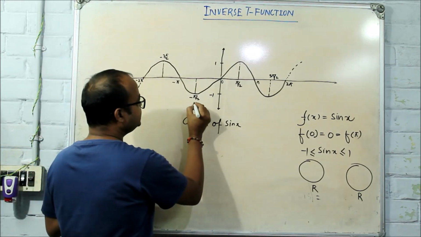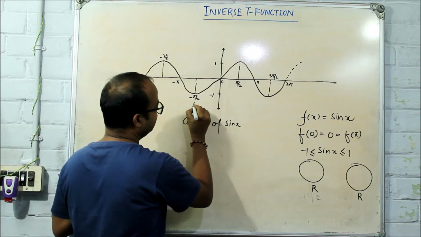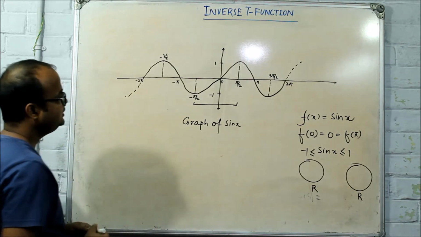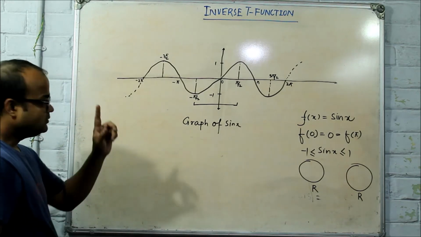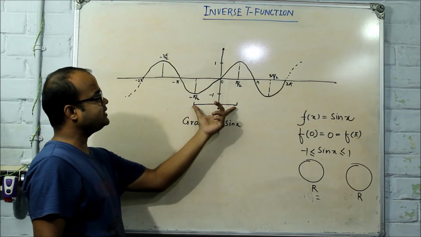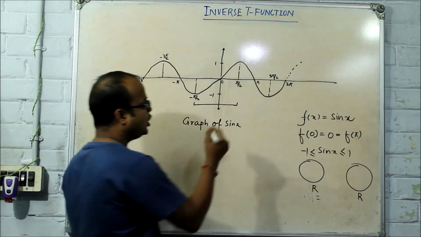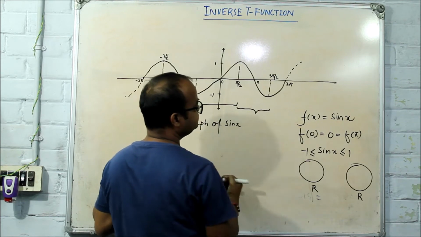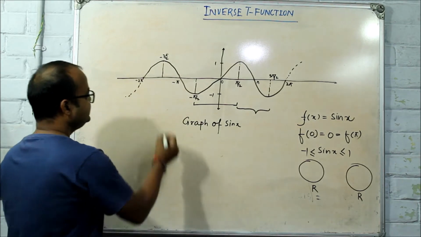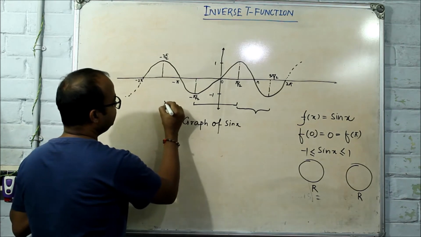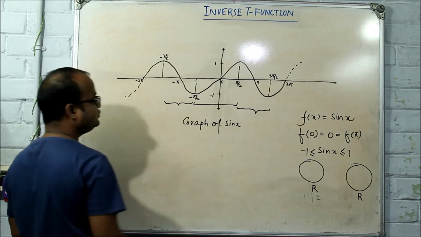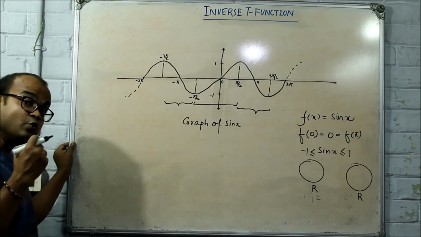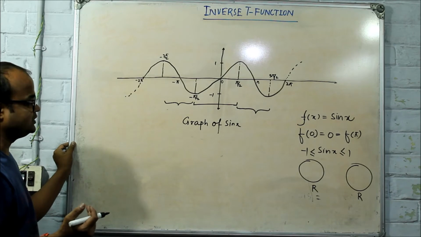If we consider this branch, that is minus pi by 2 to pi by 2, or pi by 2 to 3 pi by 2, in the same way here, minus 3 pi by 2 to minus pi by 2, then sine will become a one-one and onto function.